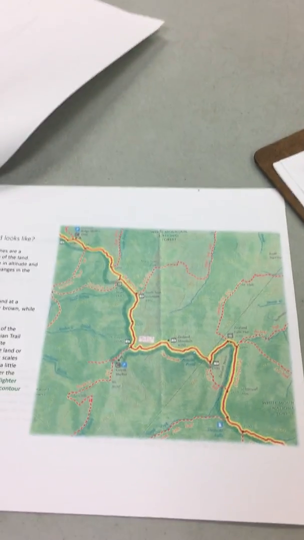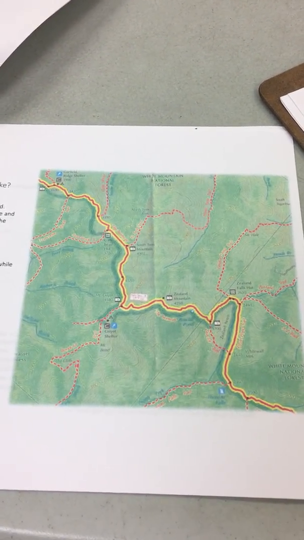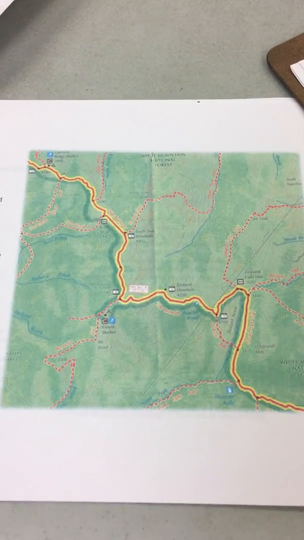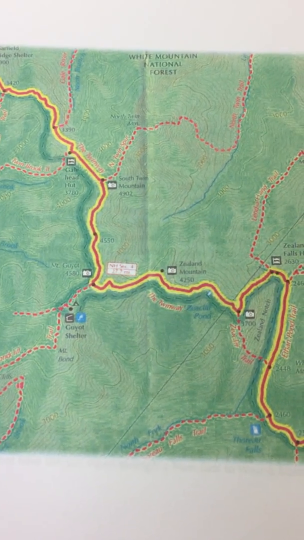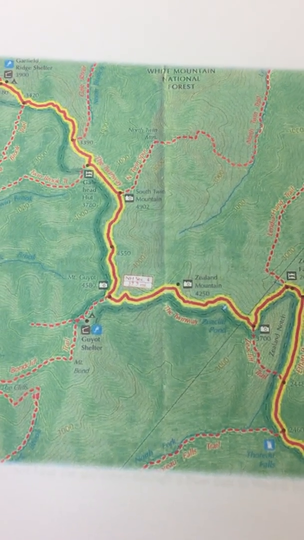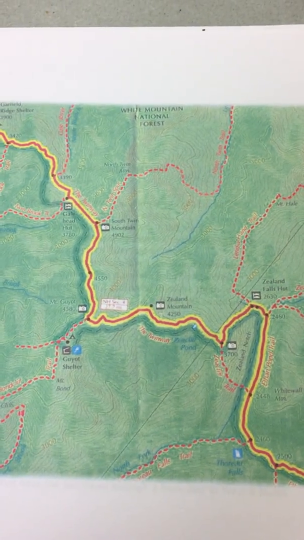The darker green, or the olive green in my case, is where they're much closer together. Some of you will see, wow, there's a lot of places here with more of that olive green color. And that means you've got some seriously steep terrain in there.